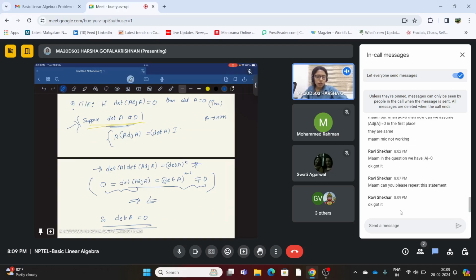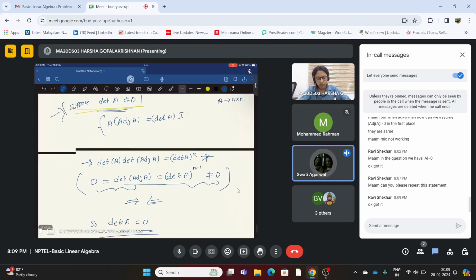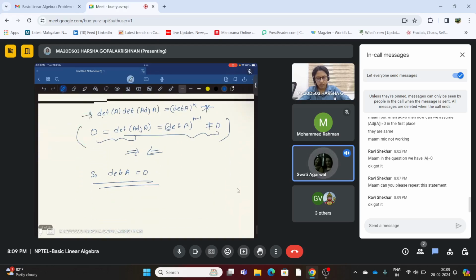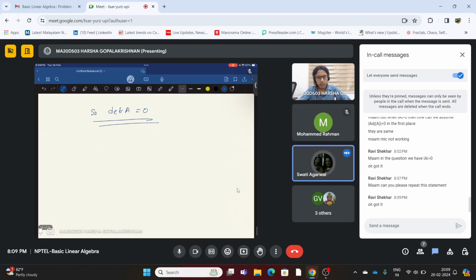Okay, does anyone have any other doubt? There was a question related to symmetric and skew symmetric matrices in the assignment, about the determinant when n is odd and when n is even. If it is skew symmetric and n is odd, then the determinant is 0.